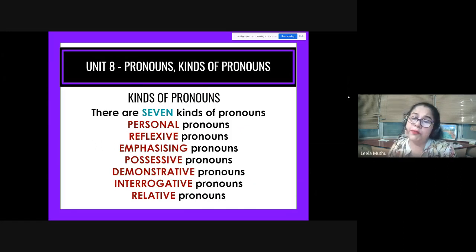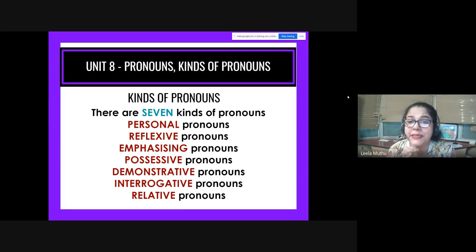Now kinds of pronouns. So now here we get into the heavy stuff, kinds of pronouns. So there are seven kinds of pronouns in a sentence. So the first pronoun you must remember is the personal pronouns, referring to people or persons.